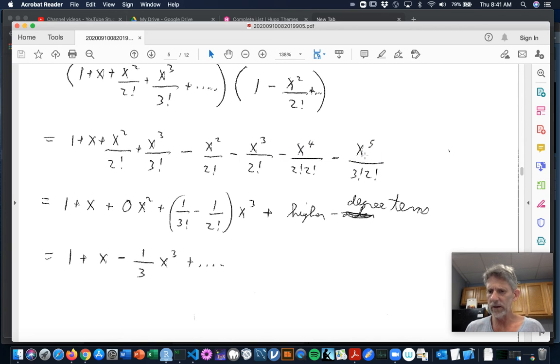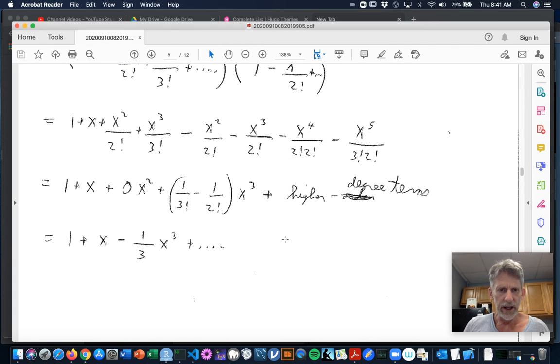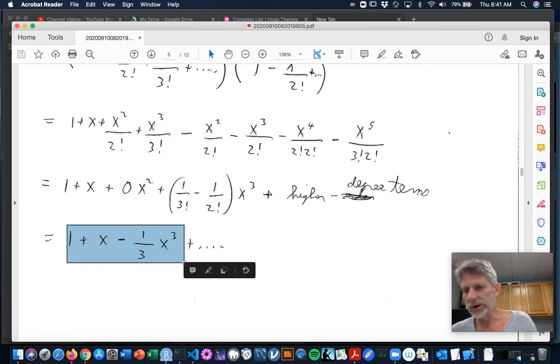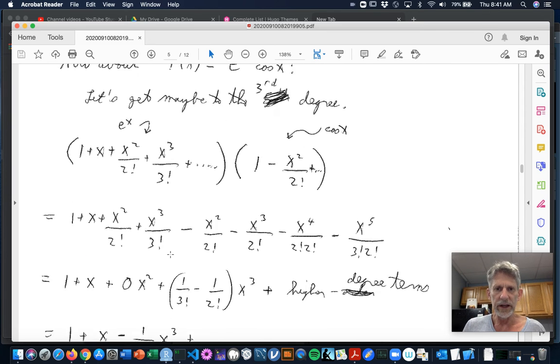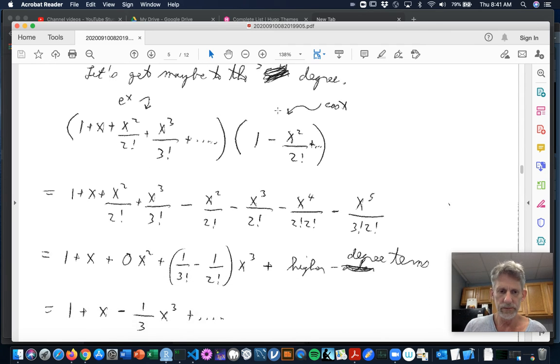And I said I didn't want to work with them, so I'm just going to write plus higher degree terms here. And if I work this out, that's a sixth minus a half, which turns out to be a minus a third. And so there's the first 3 terms of the Maclaurin series for e to the x times cosine of x. I could get more terms if I did more work.